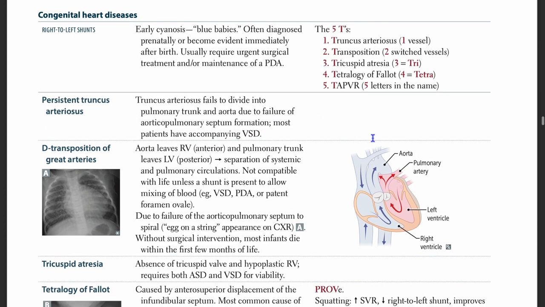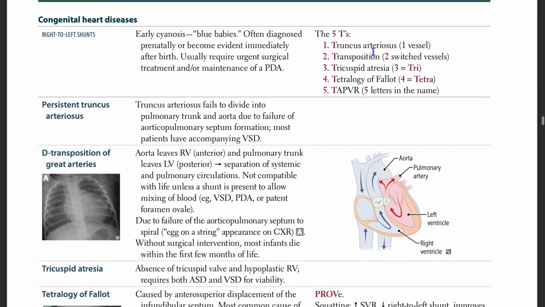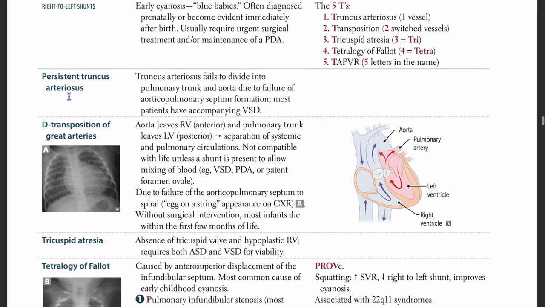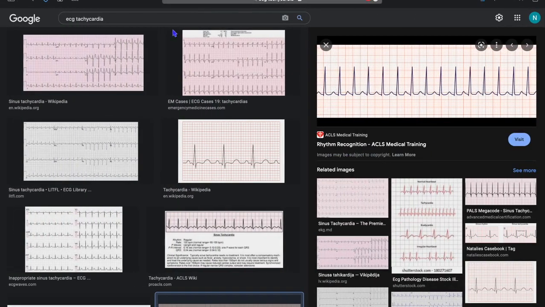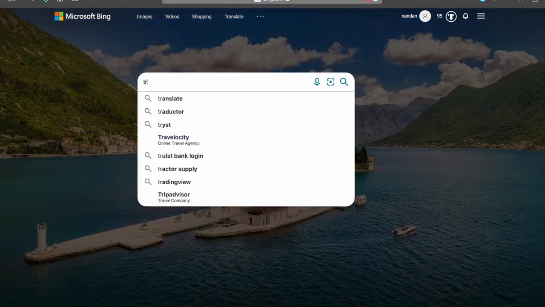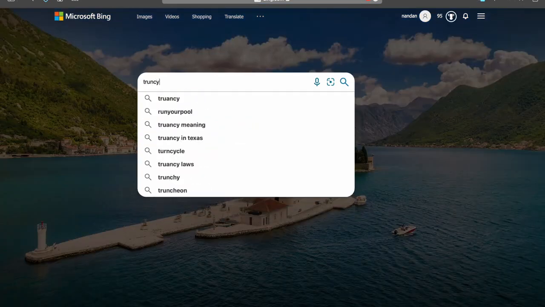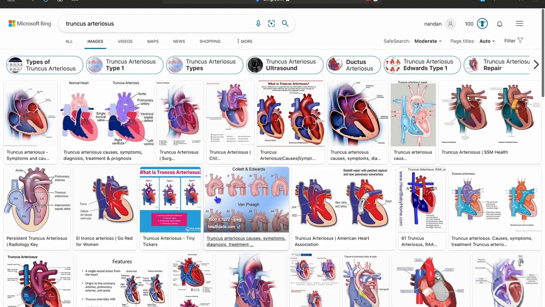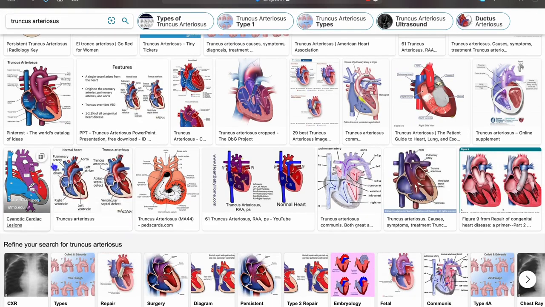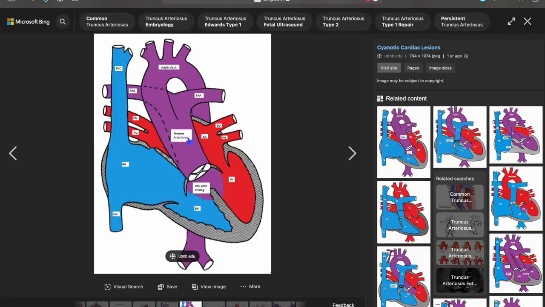Okay. Two, you have transposition. Okay. So truncus arteriosus. Let me just show you a photo of that. So this thing right here, right? It's supposed to divide between the two.